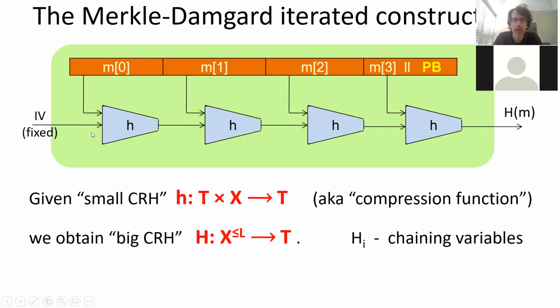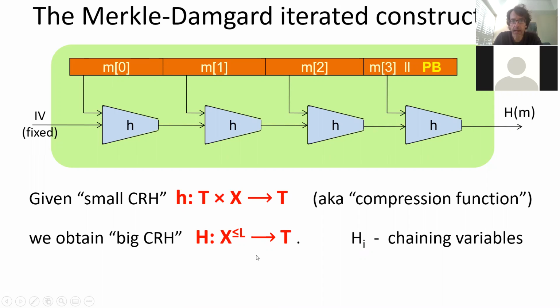Then how do I create the big hash? I take my message, I divide it into blocks which are as large as this bit size, so 256 in the case of SHA-256. I designate the bit strings of that length by X here.